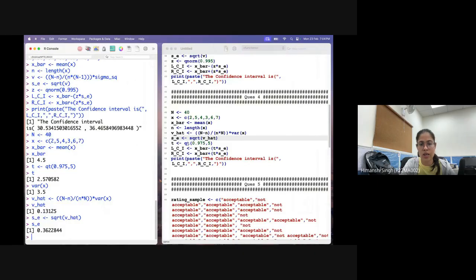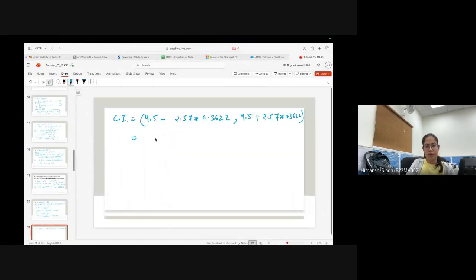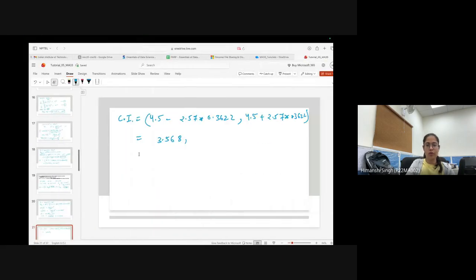Fine. So the confidence interval, if I use R, here I have calculated the LCI and RCI and just printed them. So what is this? It is 3.568, comma 5.431.